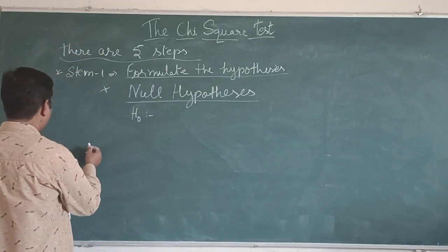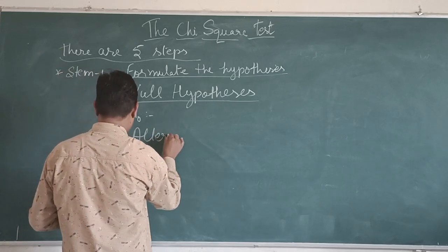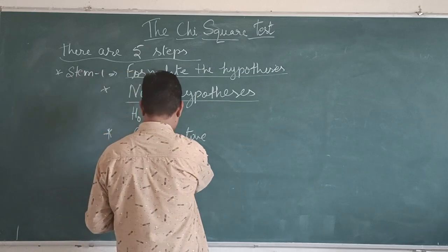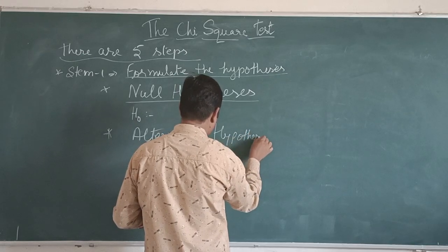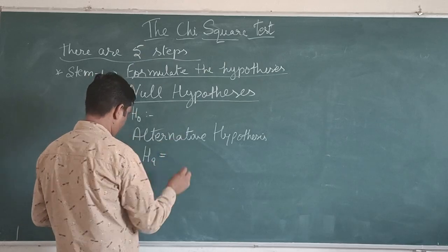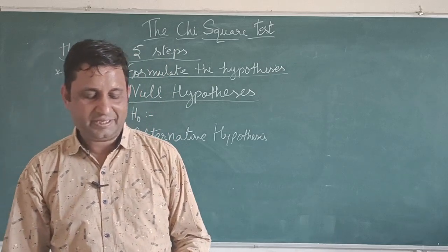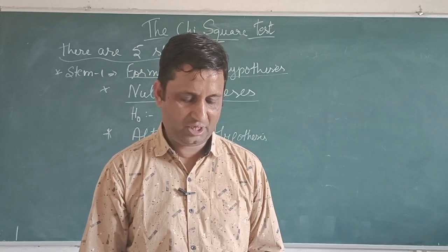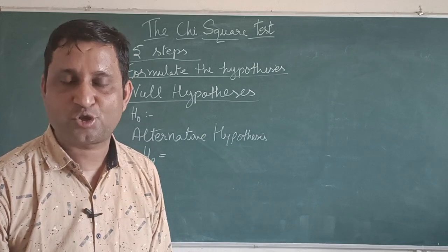Second one is known as the alternative hypothesis. It is denoted by HA, which means there is a significant association between student educational level and their preference for online or face-to-face instructions.